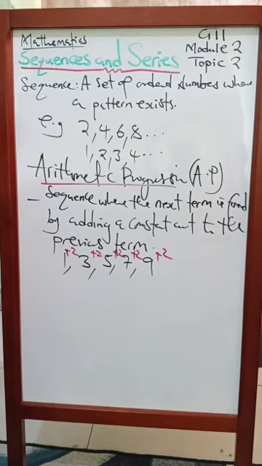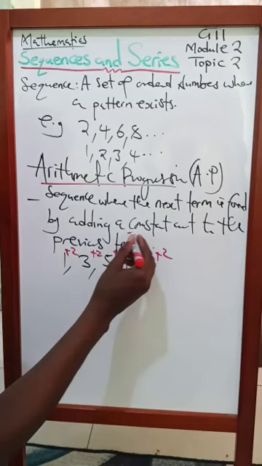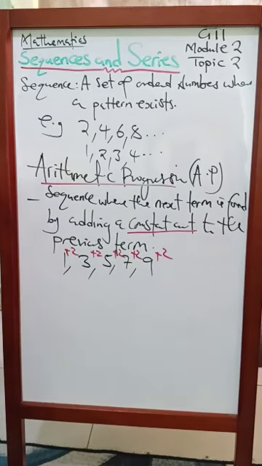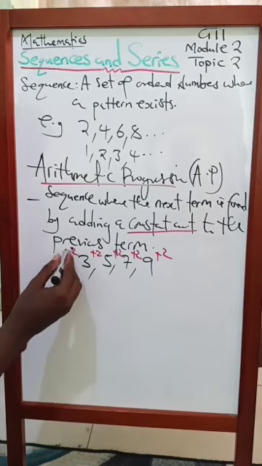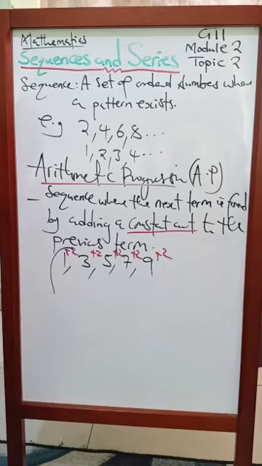Now in this example, the 2 that we are adding is the constant amount that I talked about in the definition, the constant number that is being added to the previous number. There is a term that we use to refer to this constant number.